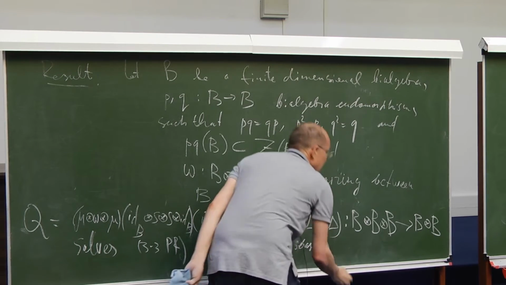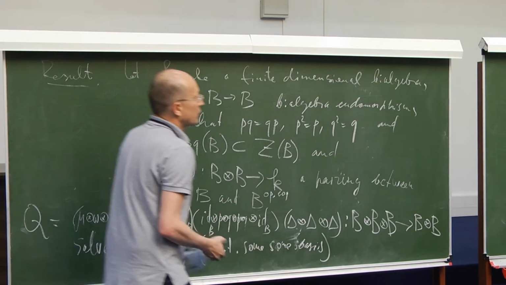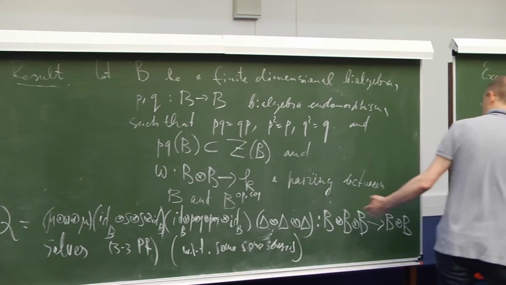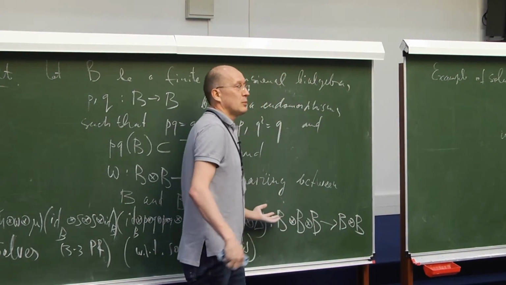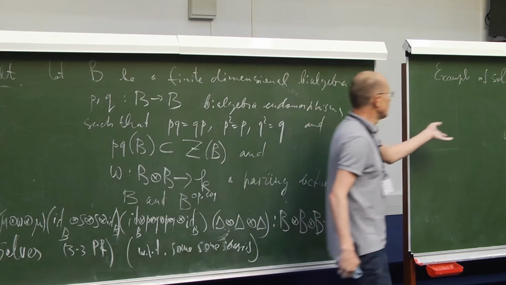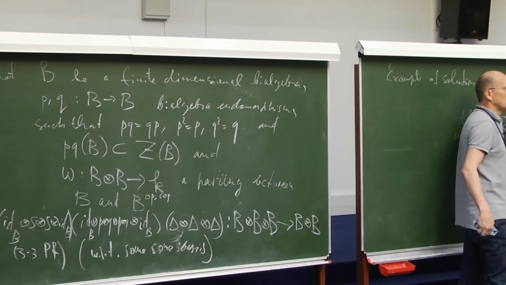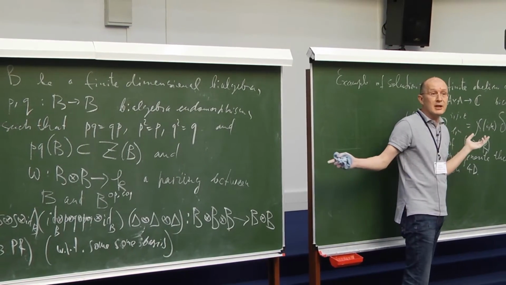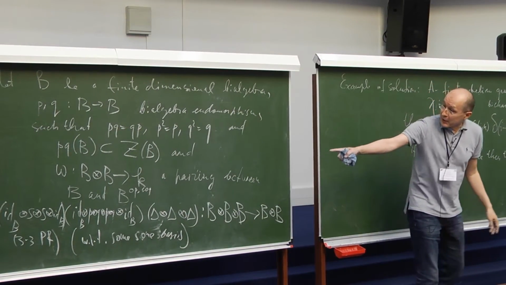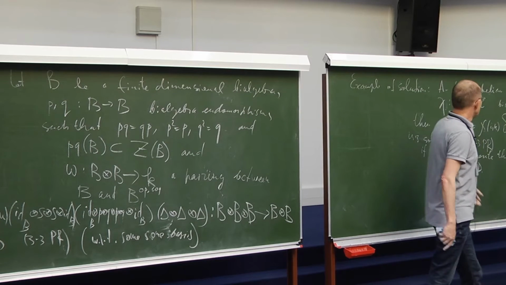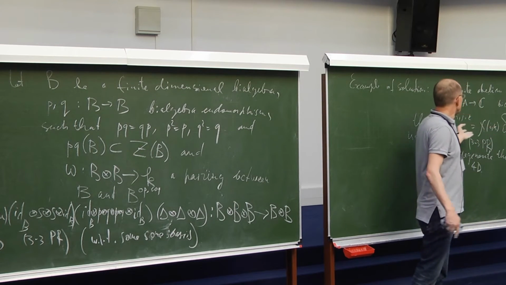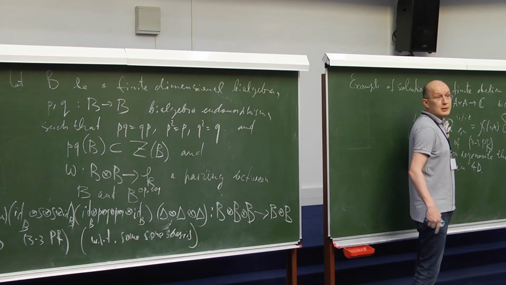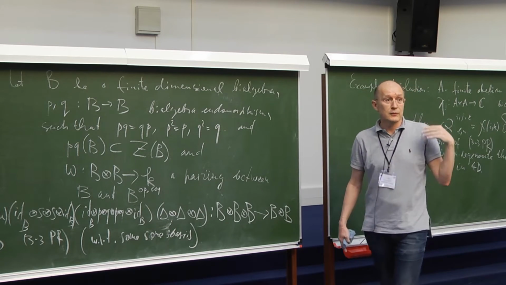Actually, any basis. I mean, we have 5-index objects, so if we have a map like this and choose a basis in B, then of course we will get a 5-index object of that map with respect to the basis. And the claim is that the matrix coefficients will solve our identity.